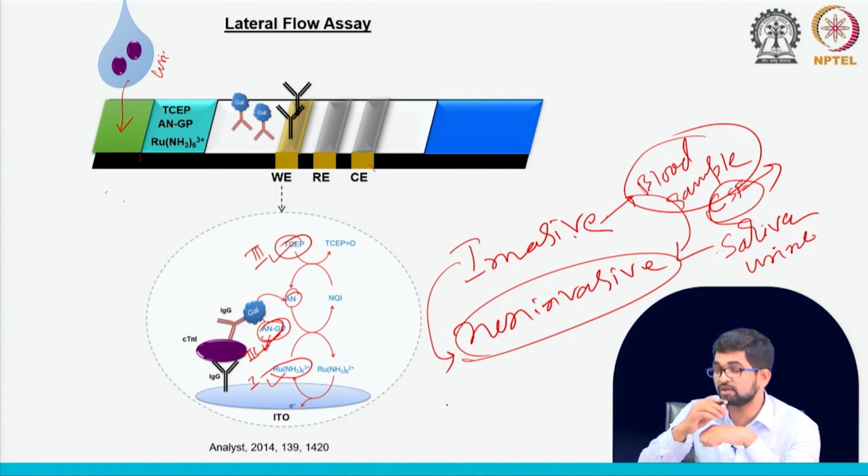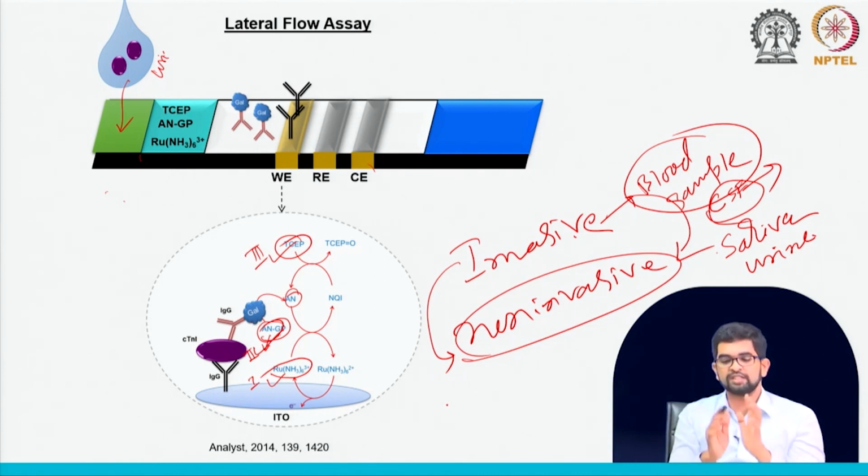So that's why it is not very painful. Just keep it like a band-aid on your skin, and it will absorb the interstitial fluid from the skin, and in the interstitial fluid there is glucose and other biomarkers that we can go for detection of also. So these are the different samples we can use for the lateral flow assay or for the sensor kit development.